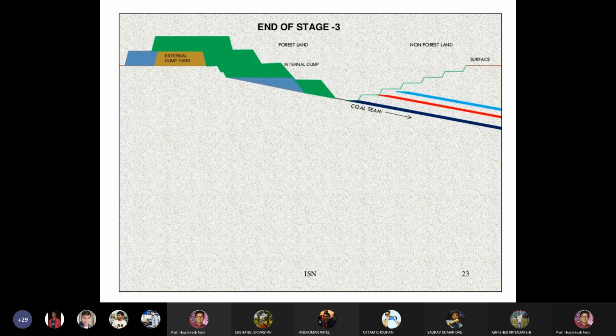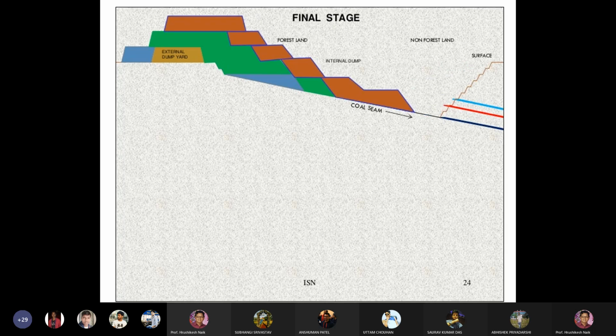The waste material and the soil are dumped here so that the land can be reclaimed. This green portion shows the fertile soil, and this blue shows the rocks. Then you go to the fourth stage, the final stage.